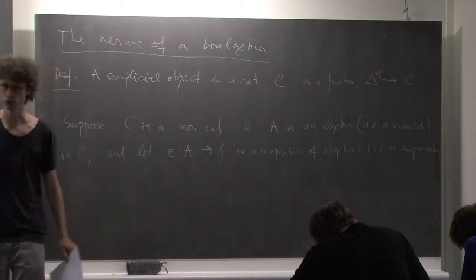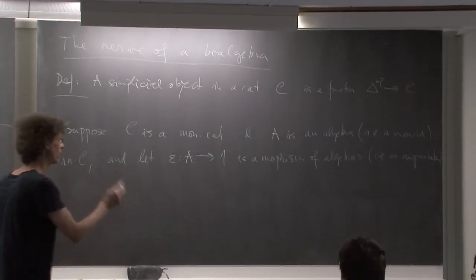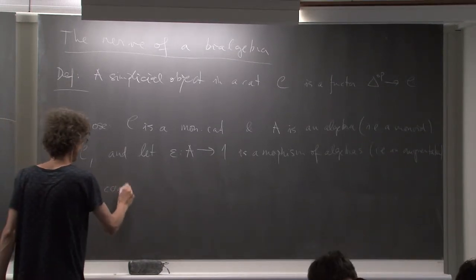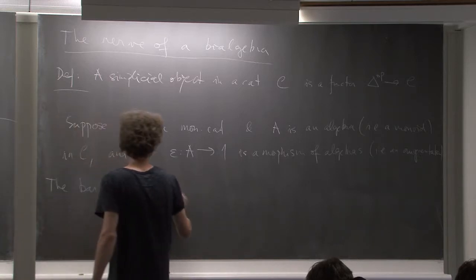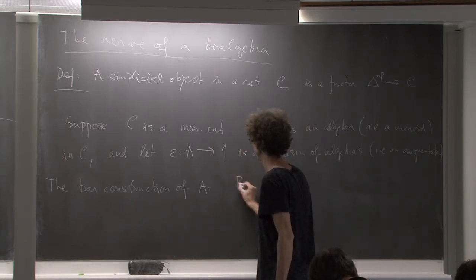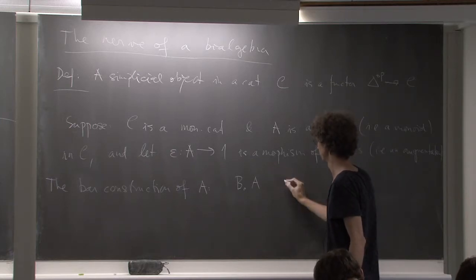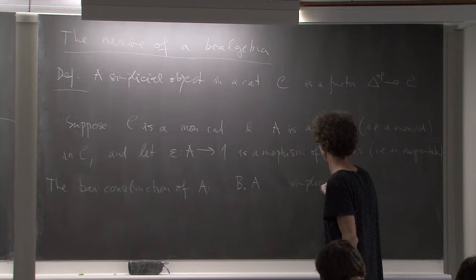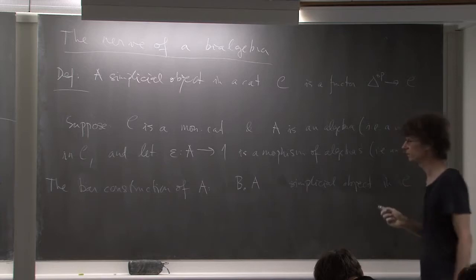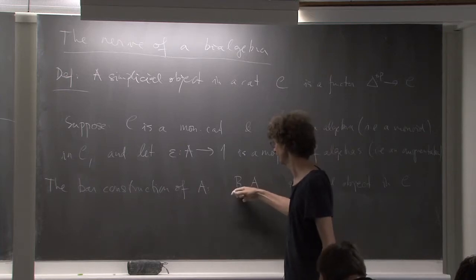Then there is something which is not really called a nerve, but it can be called like that; it's mostly called the bar construction of A, BA, which is a simplicial object in C, and it's constructed exactly the same way as the nerve of a monoid.